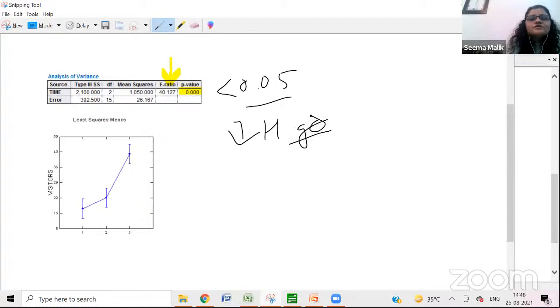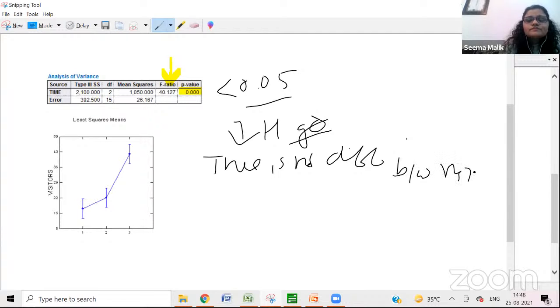And what was the hypothesis? There is no difference between the visitors on the basis of time.